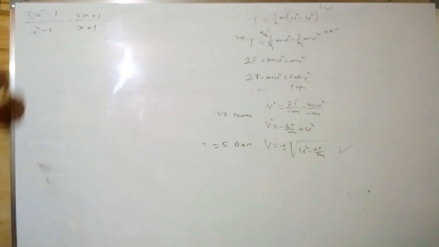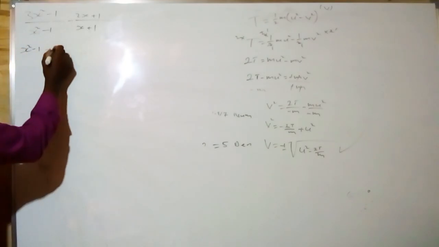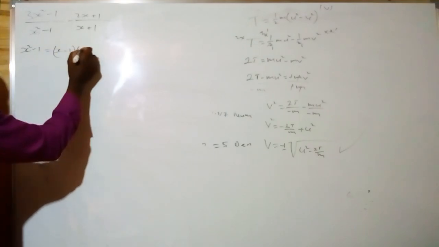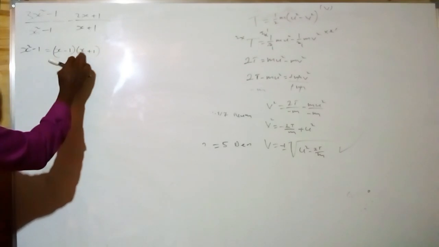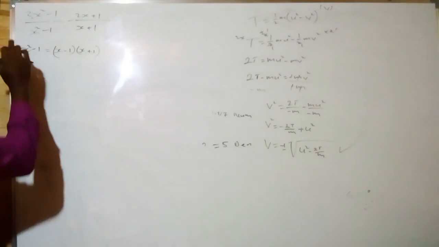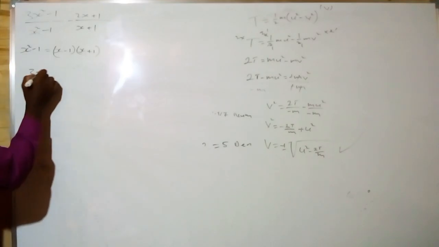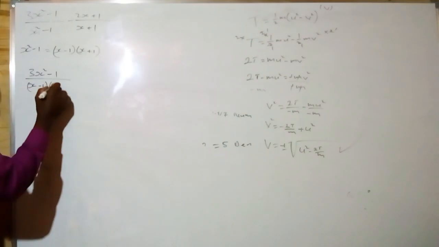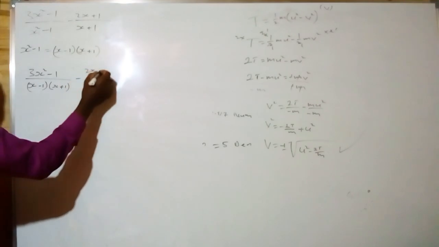This x squared minus 1 is given by x minus 1 and x plus 1; once you expand x minus 1 times x plus 1, it gives you x squared minus 1. Then you can come here and say 3x squared minus 1 all over x minus 1, x plus 1, minus 2x plus 1 all over x plus 1.